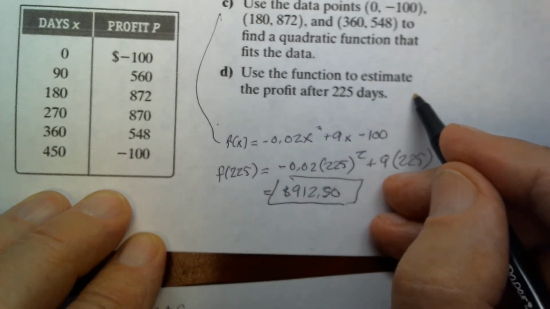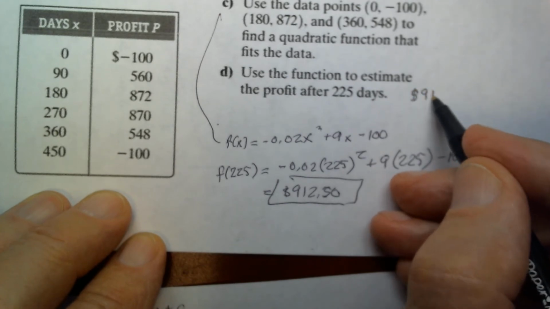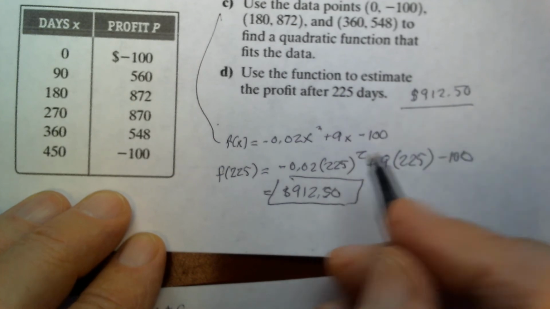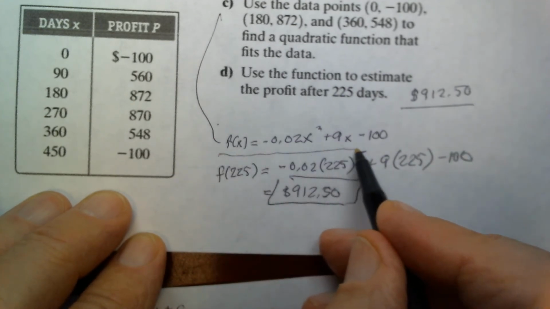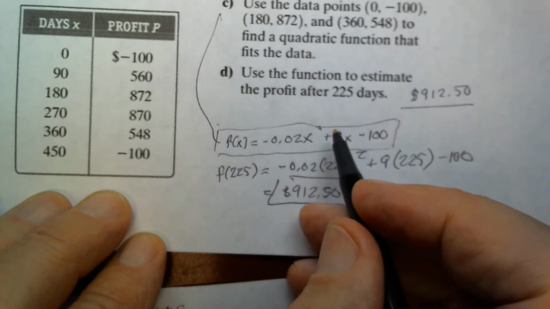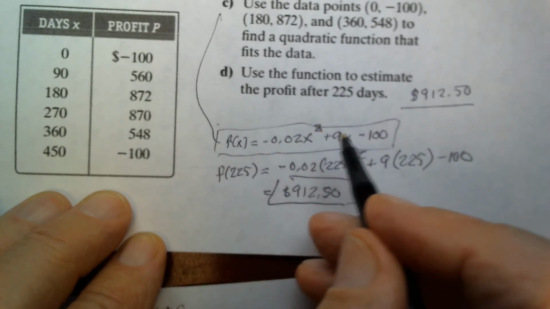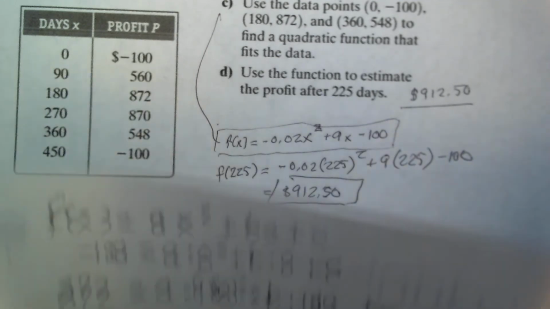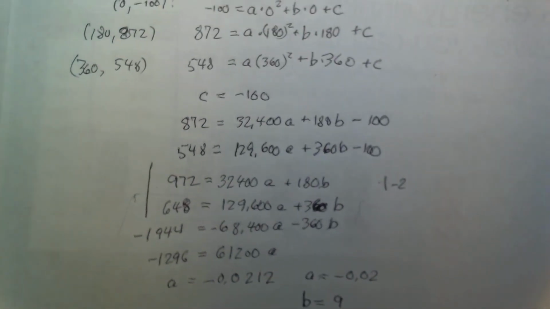So $912.50. And this was the answer for the C part, based on the calculations I did here for you.